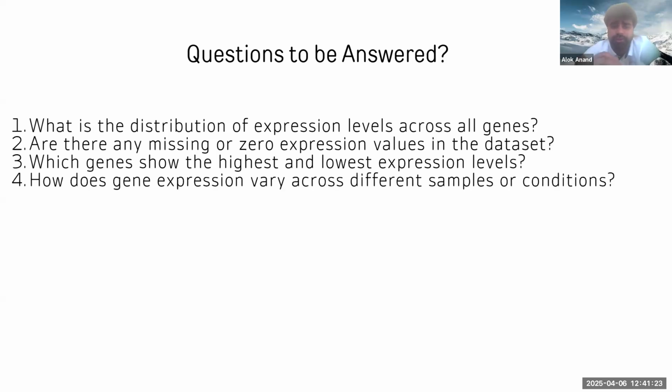Another question can be, how does the expression vary across different samples or conditions? Suppose that we are taking only one gene, and suppose we have a total of 10 different types of cancer. You are interested in looking at in which particular condition the expression of this gene is the highest and the lowest, how the distribution goes in these 10 different conditions for this particular gene.